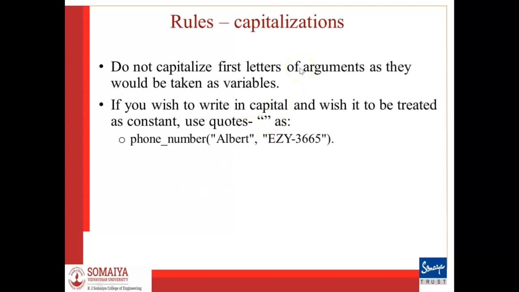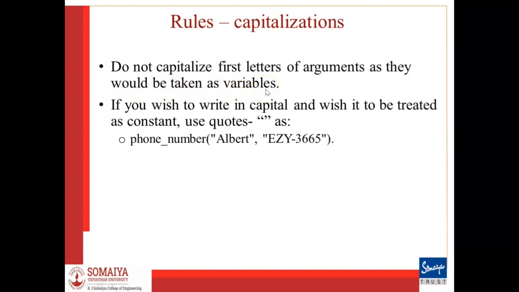As we have seen, capital letters are taken as variables. One might habitually write a person's name or city names with the first letter capital, and then they would be taken as a free variable and the program would not give us the correct output. So do remember not to capitalize first letters of the arguments as they would be taken as free variables.